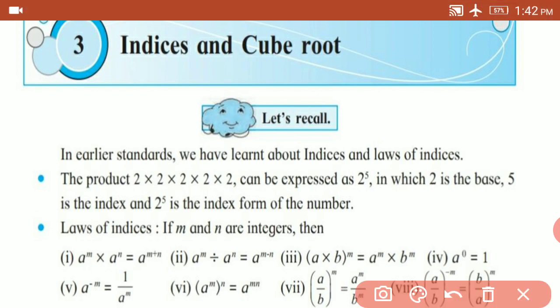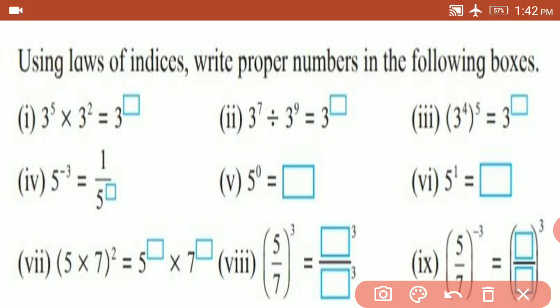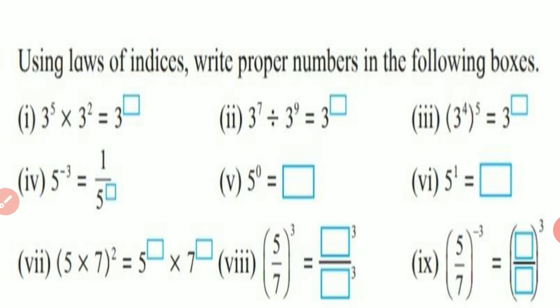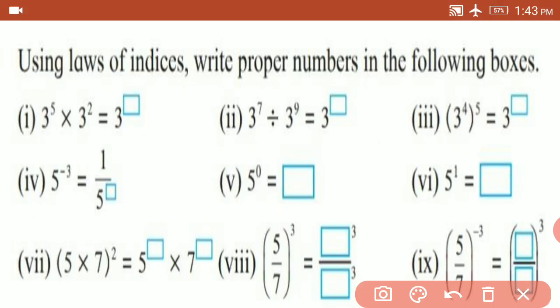Here the law 4, a raised to 0 is equal to 1, that is anything raised to 0 is always 1. The answer is 1. Next, 5 raised to 1 is equal to how much? Here the law is not there, but 5 raised to 1 is equal to 5.